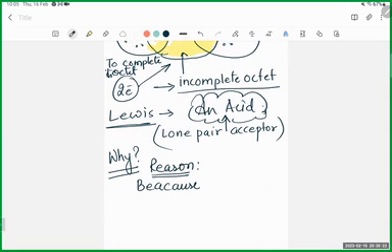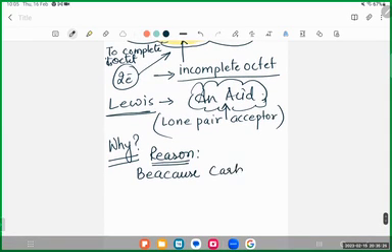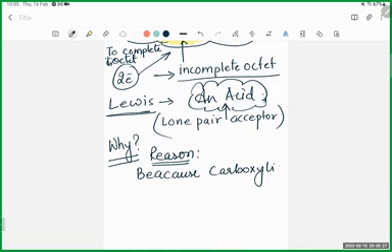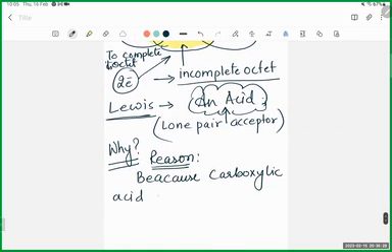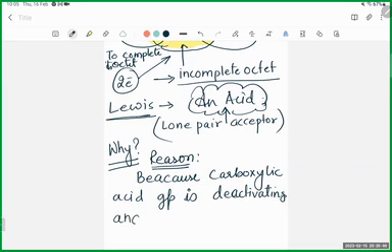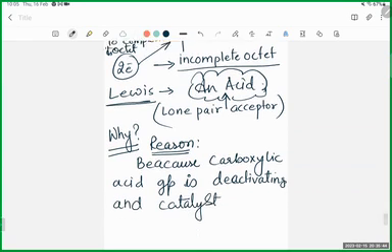Tell me Hridaya, what did I say? The carboxylic acid group is deactivating, okay? Deactivating, and the catalyst AlCl3.